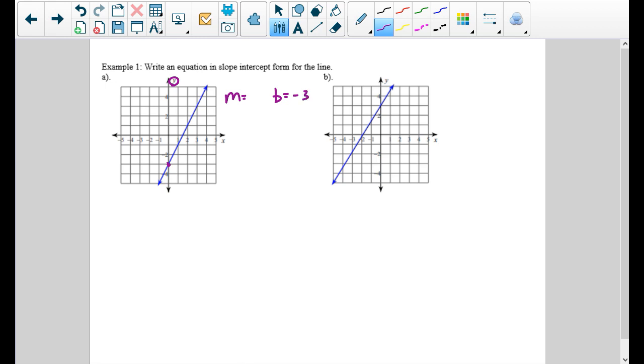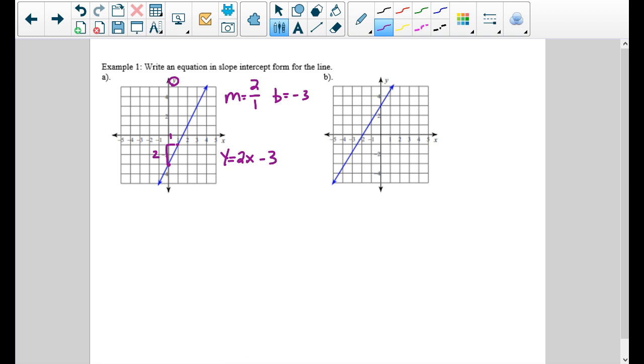Now, what's nice is I can use that point and trace my line up or down to find my next point, which is here. And now I can count rise and run. So 2 over 1, or just 2. Then I can use this information to write my equation. So y equals 2x minus 3.